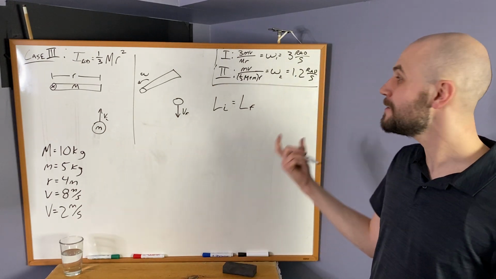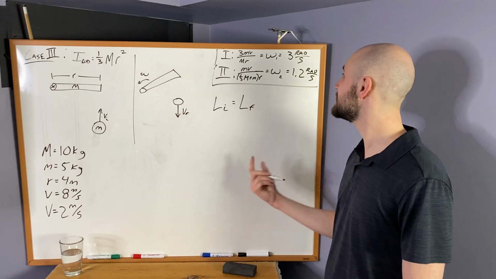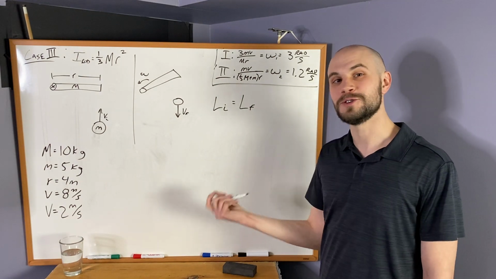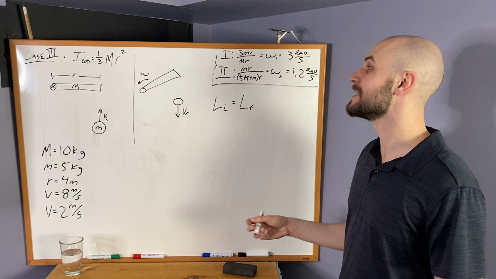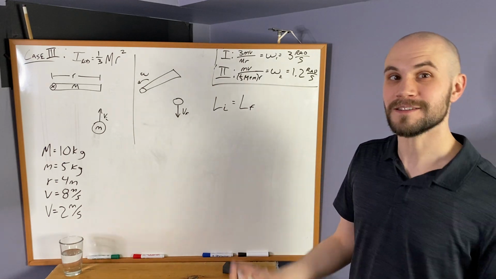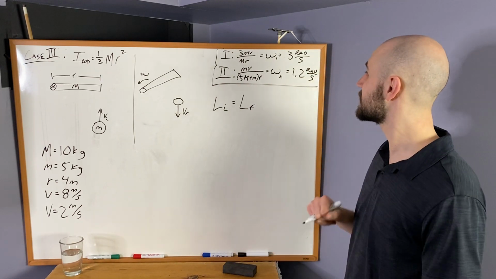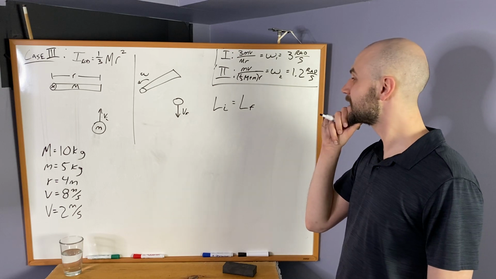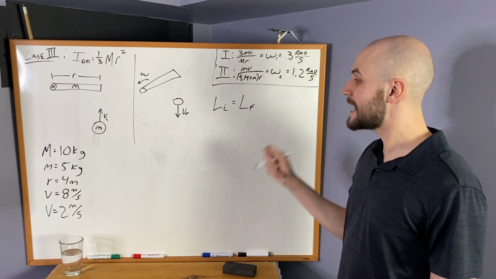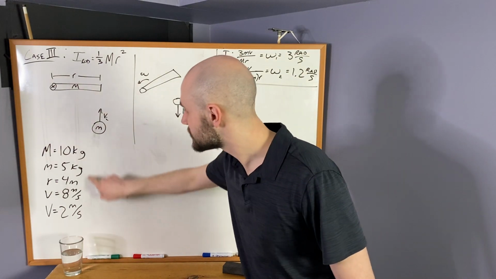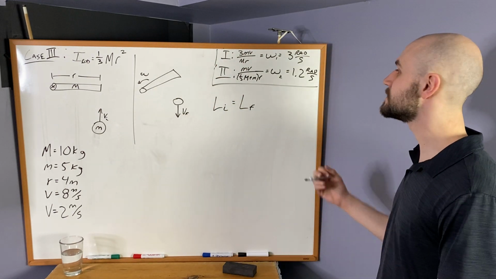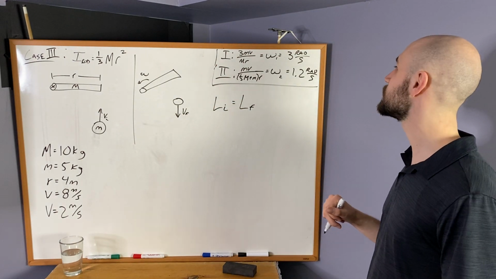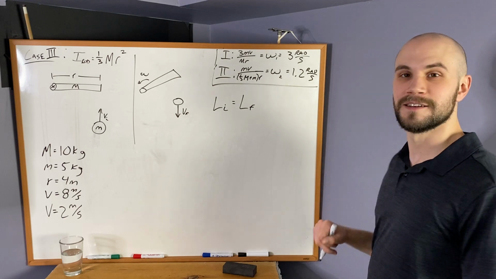I want you to solve it out, get me the expression, compare it to the other 2, and actually calculate the new angular velocity of this rod. Make a prediction. Is it going to be quicker than case 1, slower than case 1? How's it going to compare to case 2? And I want you to actually calculate the numeric answer based on this given information. This is something you could do if you look back on case 1 and case 2. There you go. You can do it yourself.